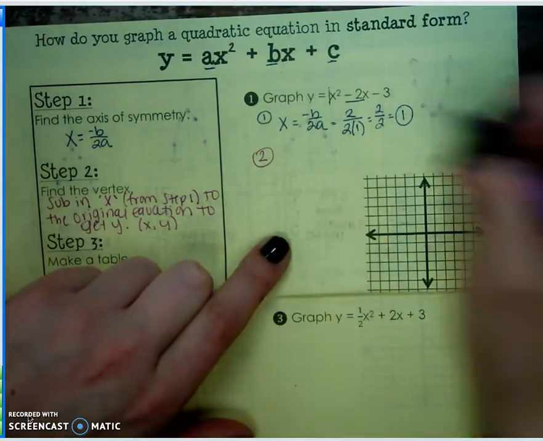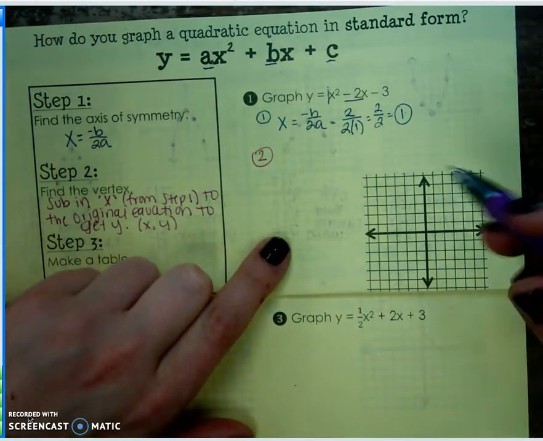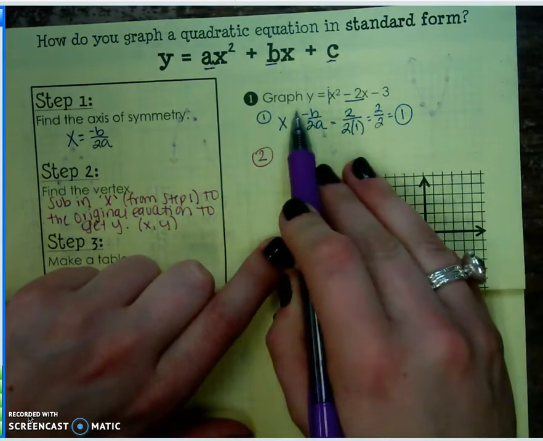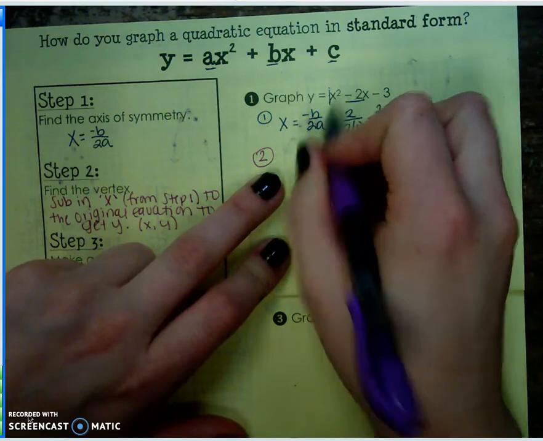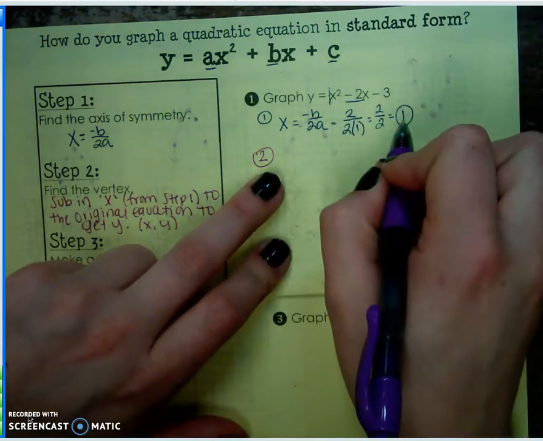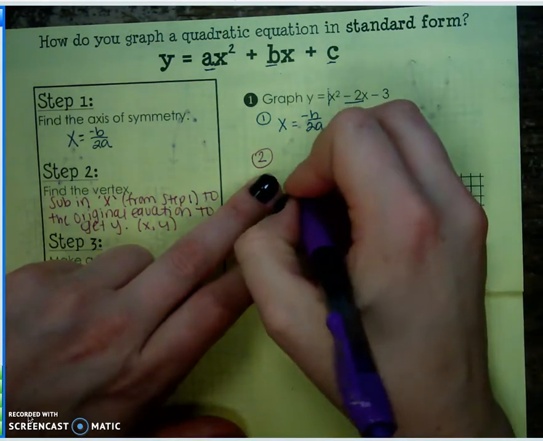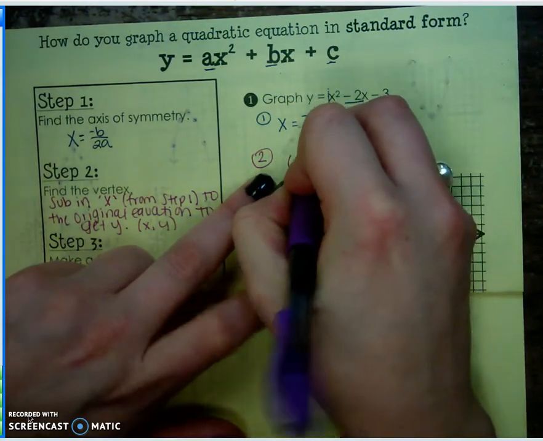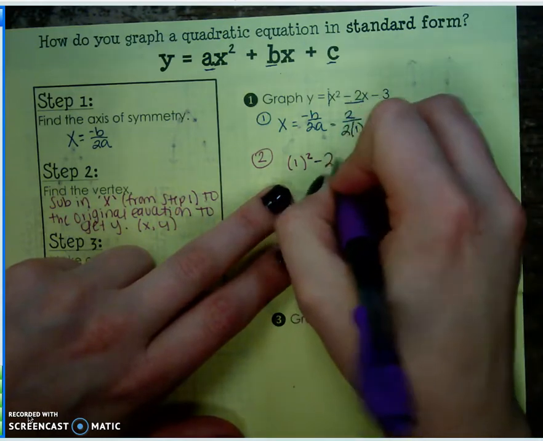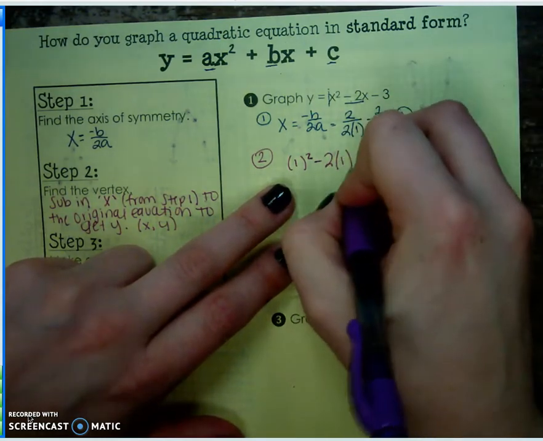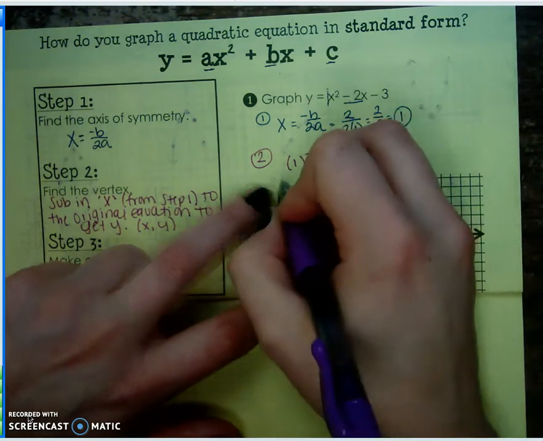Okay, so step 2, we're subbing in x for the original equation. We have x squared. We said x is 1, so we're going to have 1 squared minus 2 times 1, and then minus 3.